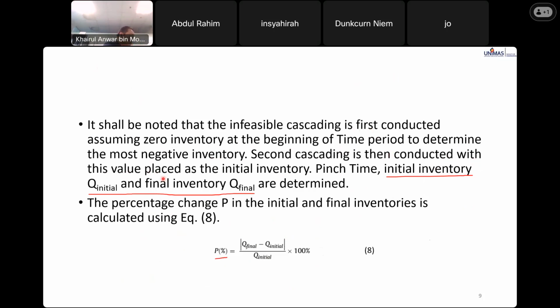Because this is an iteration, you start with 0, then once you find the lowest, that lowest value will become the Q initial. This value is placed as the initial inventory, and the pinch time, initial inventory Q initial, and final inventory Q final are determined.